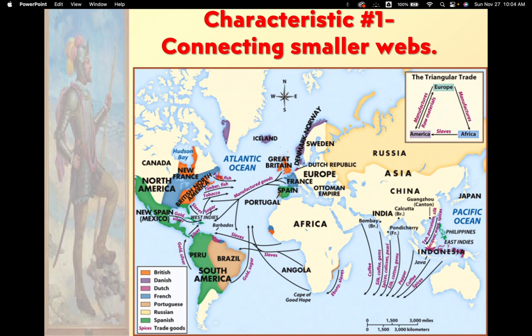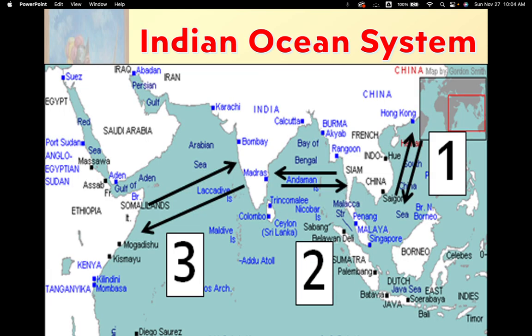So when we look at the characteristics, the first characteristic is that what we're really doing is connecting smaller webs, and we're connecting them through very strong maritime routes. For example, we know that the Indian Ocean system existed during this time period.